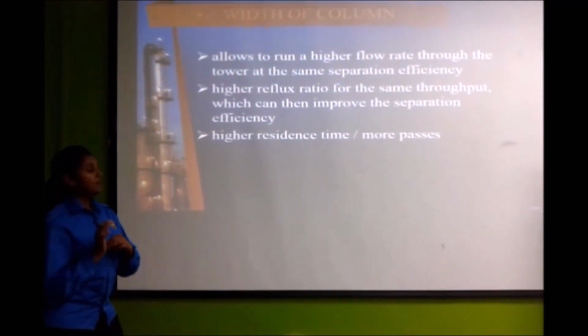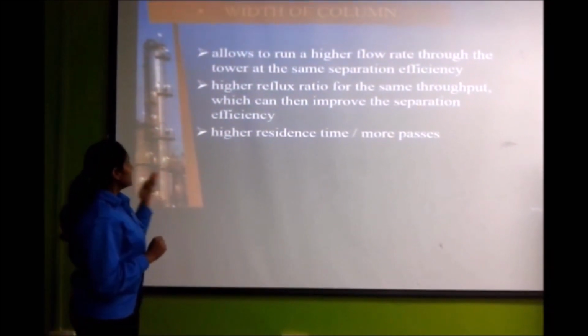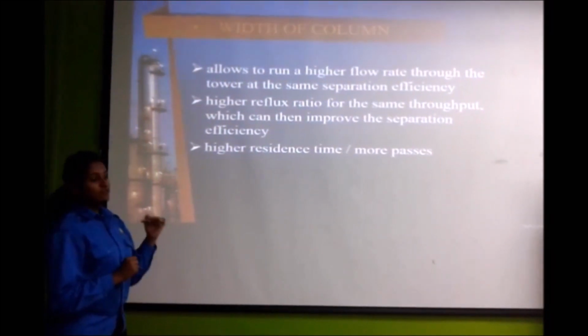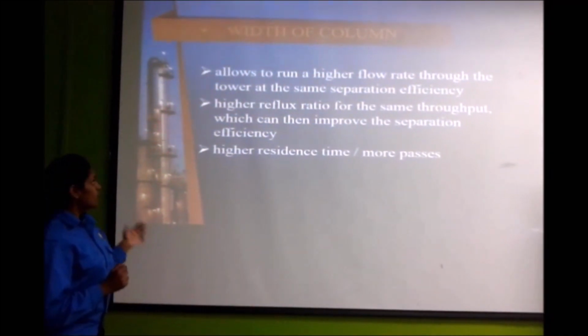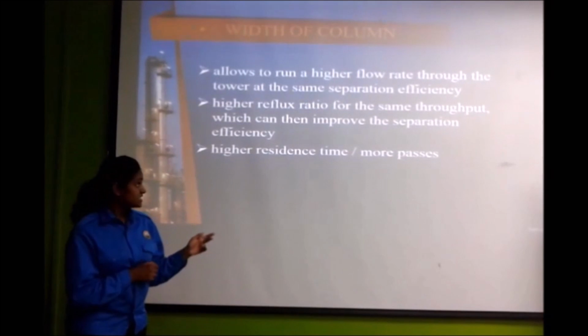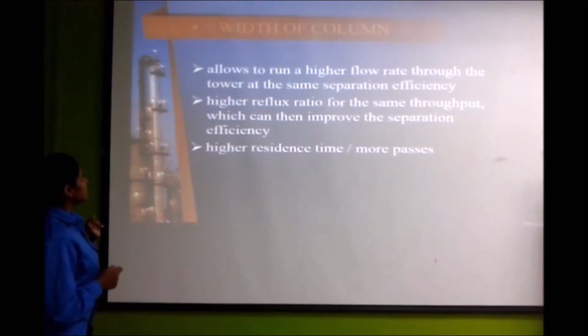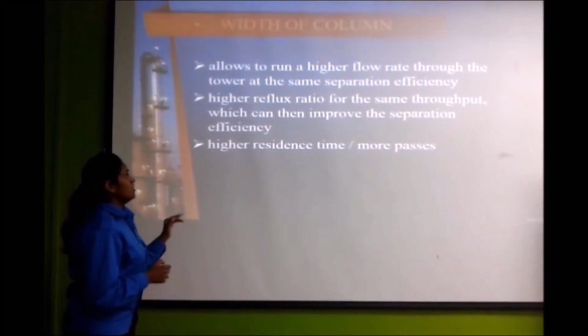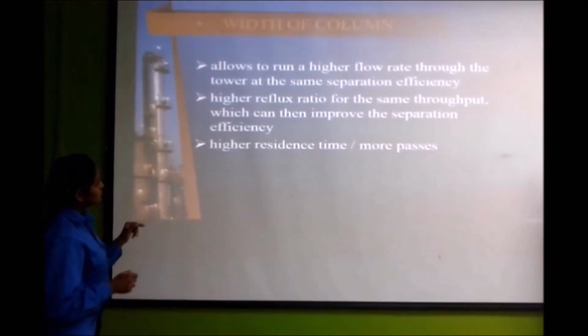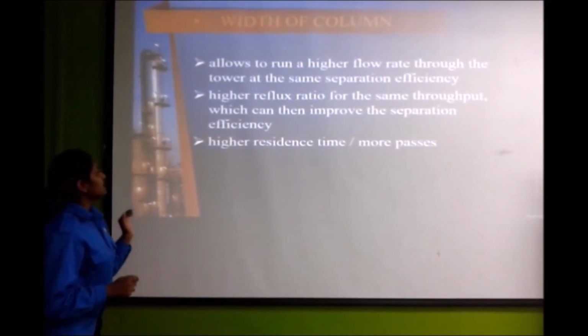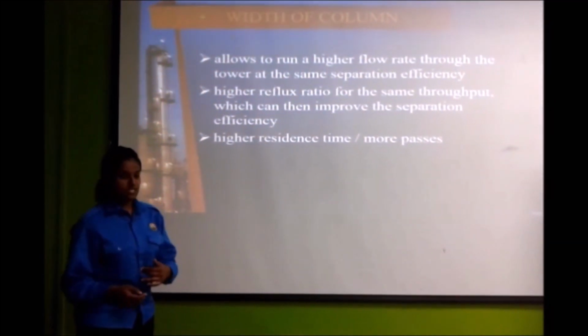So one of the factors then, it allows to run a higher flow rate through the tower at the same separation efficiency. Next, the higher reflux ratio for the same throughput, which can then improve the separation efficiency.